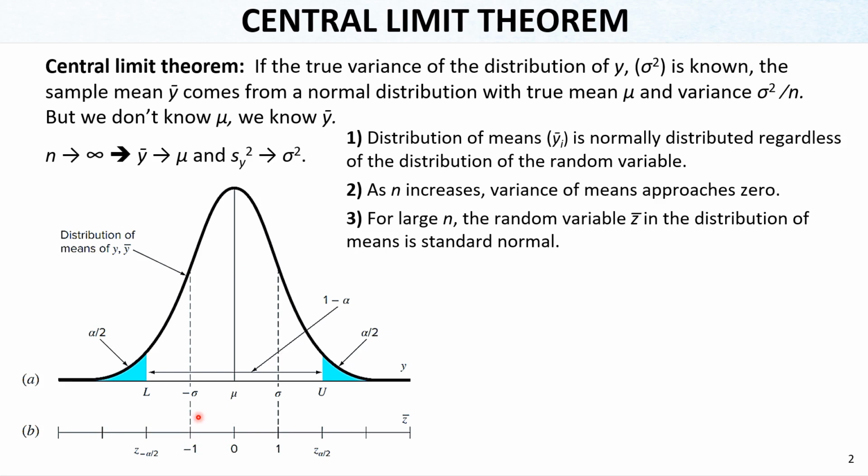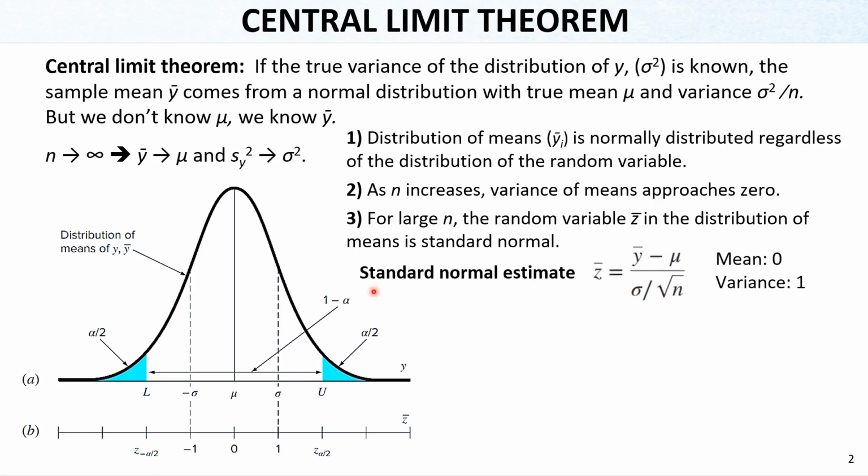If you remember, one standard deviation covers only 68% of the data, and maybe 2 standard deviations will be 95%. So we will have some interval, lower and upper, for the mean. If we go to the standard deviation part, the lower and upper will be defined as z alpha divided by 2 and z minus alpha divided by 2.